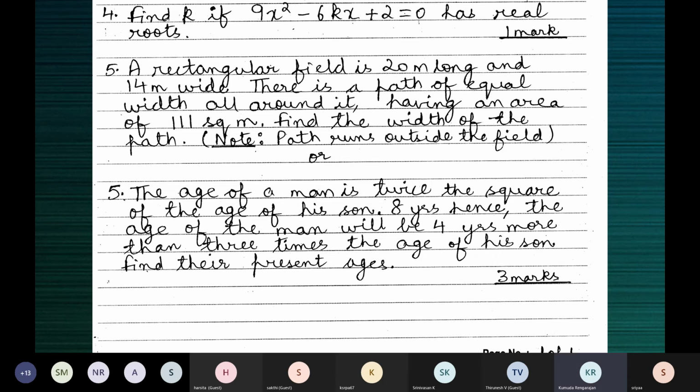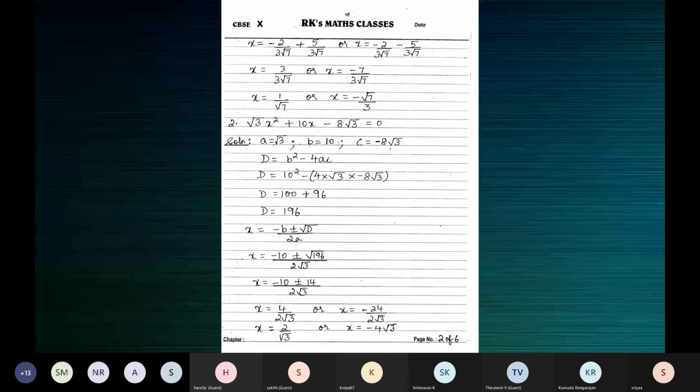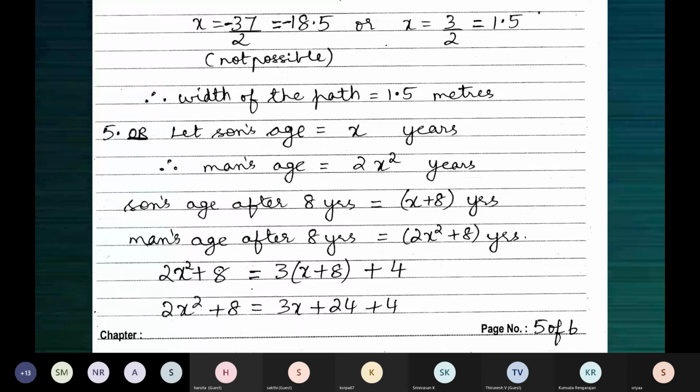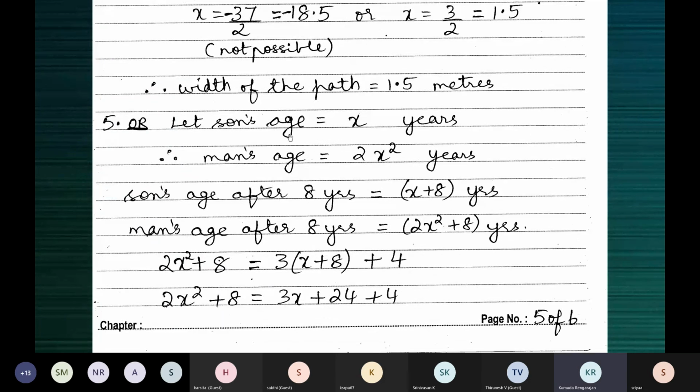So I need to show you the equation. So as we read, we have assumed the son's age is X and the father's age will be twice the square.